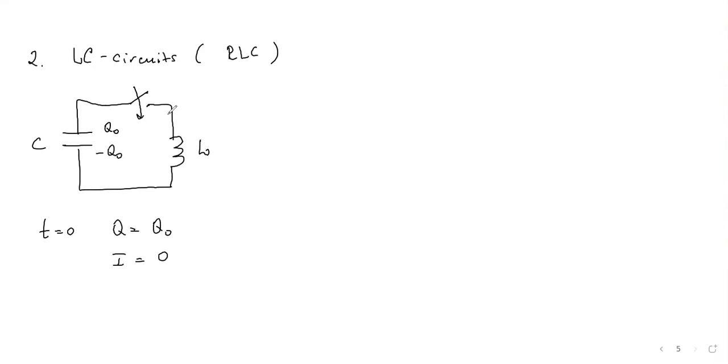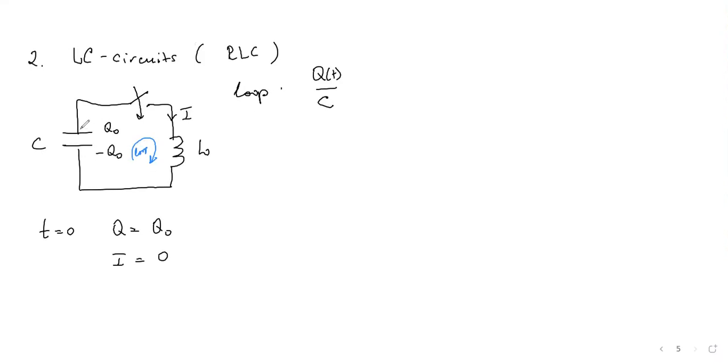So then let's solve this. Let's find the loop rule for this, and let's see how we can do this. If I go clockwise, the drop of potential across the capacitor would be the charge at this moment over the capacitance. This is a drop of potential across the capacitor.